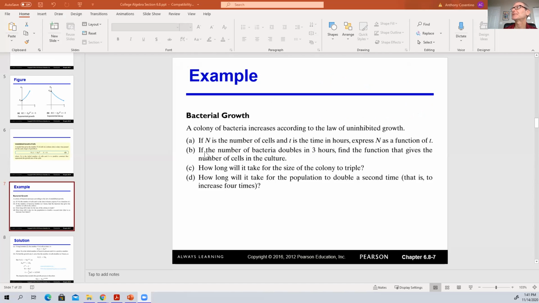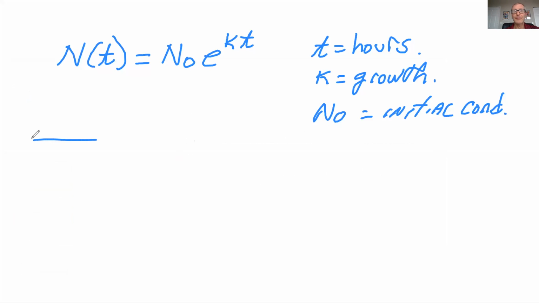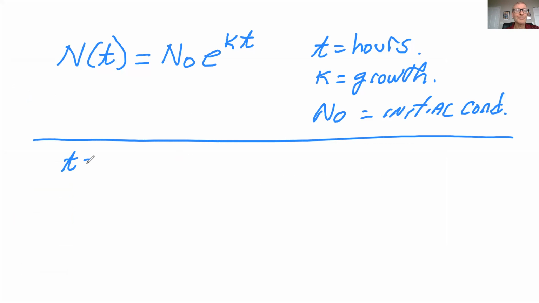And so the next question says, if the number of bacteria doubles in 3 hours, find the function that gives the number of cells in this culture. So this is very similar to what we were calculating when we found the time it took to double your money, right? And so if we take a look at this equation again, it takes t equals 3 hours to double, right?